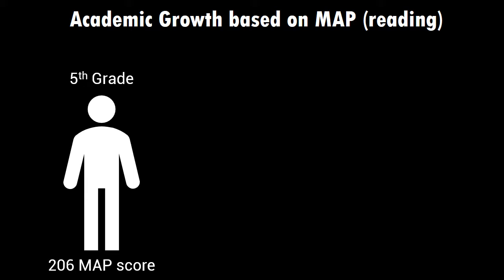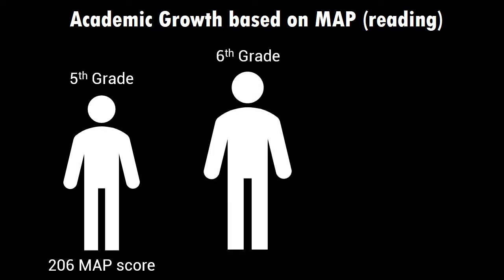So just like the doctor gave a percentile for their growth, we now have a percentile of growth academically for reading as a 206. In 6th grade, the same student scored a 211 RIT score on their MAP. And once again, they're going to be within a certain percentile of academic growth in reading.